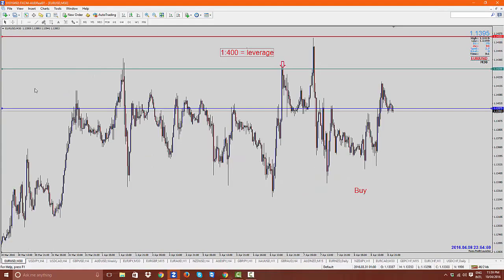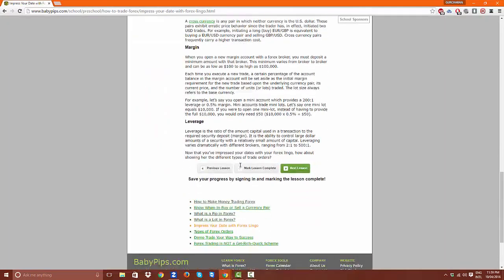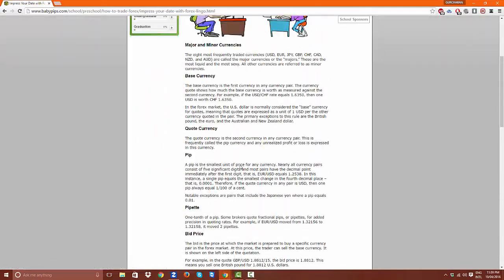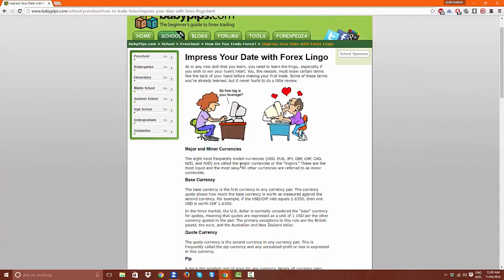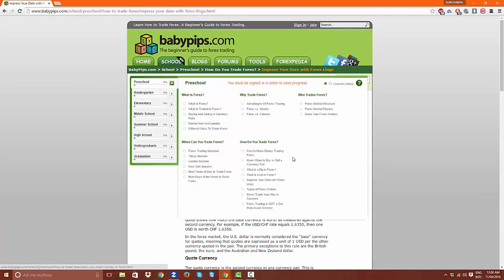For example, when I say EUR/USD, my base currency is USD, and the euro is my quote currency, so that is the value of the euro according to the USD. You don't need to go into much depth, but reading it in one go will be a good idea.